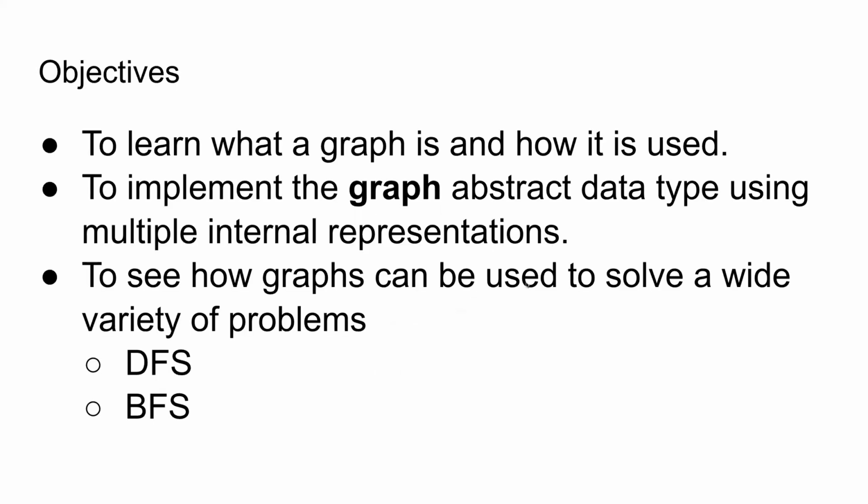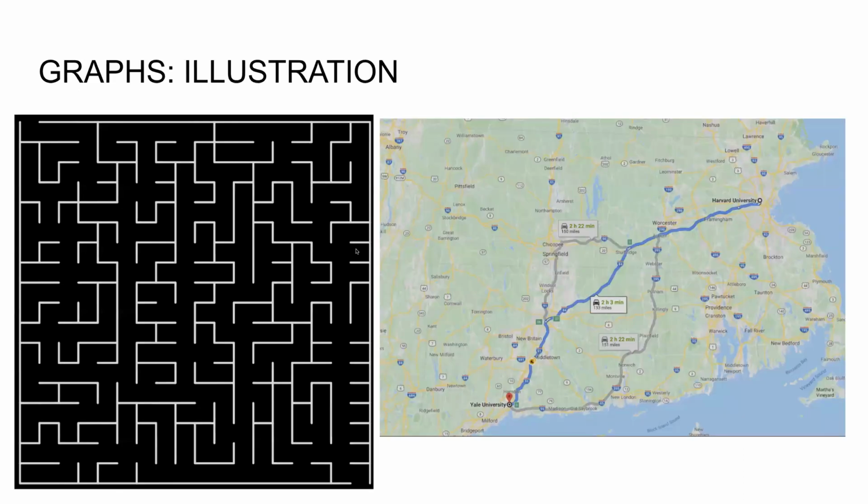Okay, so in this week, we will briefly introduce what a graph is in computer science, and we will use multiple representations to implement a graph ADT, and we also will talk about the two very important ways to traverse a graph, aka DFS, depth first search, and BFS, breadth first search.